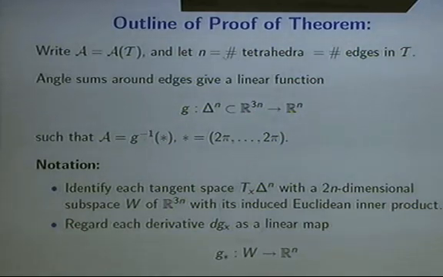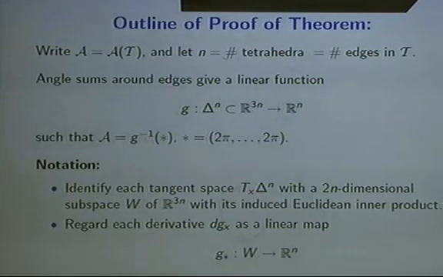The tangent space is the corresponding subspace through the origin. If you take the product of these, you get a product of n of these two-dimensional subspaces, and that's a 2n-dimensional vector subspace of R^3n. So I'll call that W. If you think of deforming the angle structures, you're moving inside this 2n-dimensional vector space W.